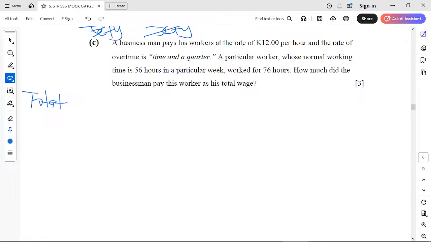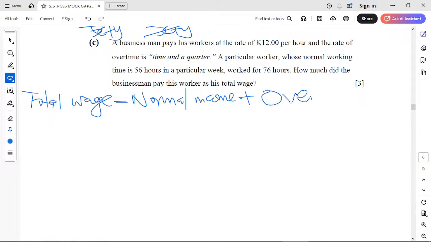To find the total wage, we can use the expression: total wage is equal to normal income plus overtime.